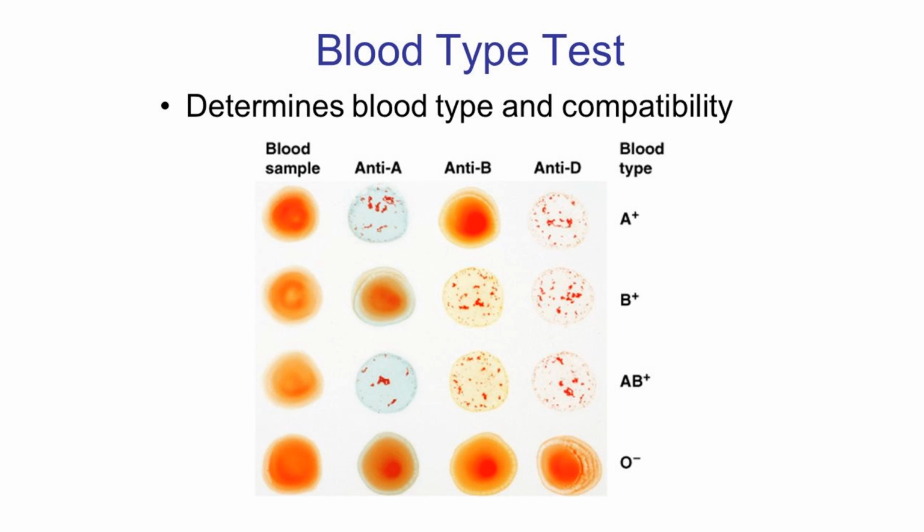When it's treated with the anti-D or the RH factor antibody, there's no clumping, meaning that this person is O negative. Their erythrocytes do not contain the A antigen, the B antigen, or the RH factor. Remember, this D represents the RH factor. So this is an antibody directed against the RH factor that will bind to the RH factor.